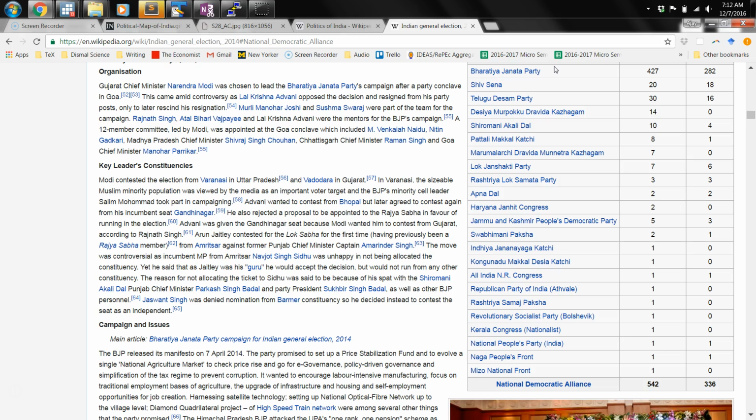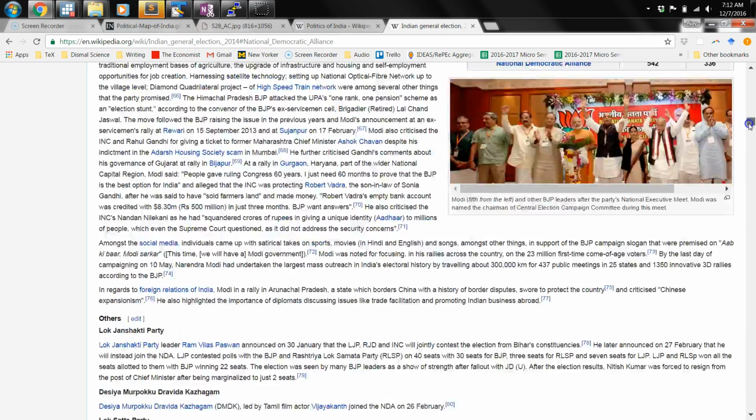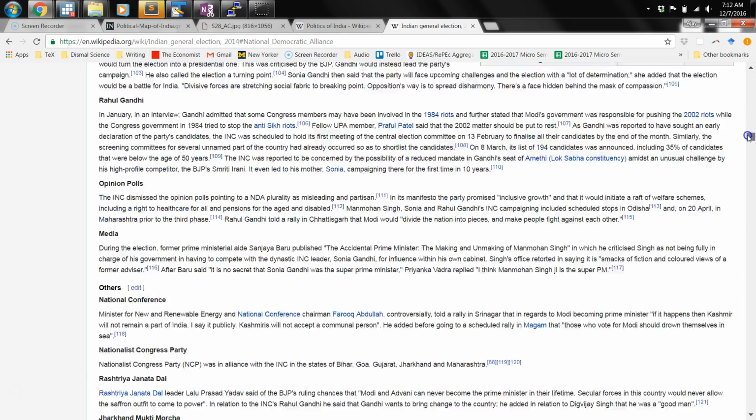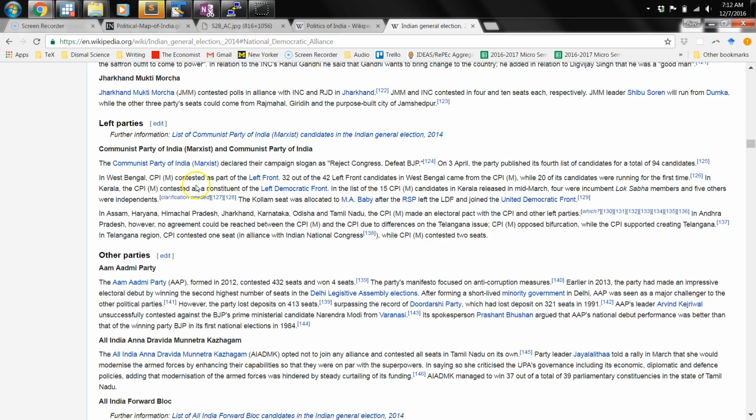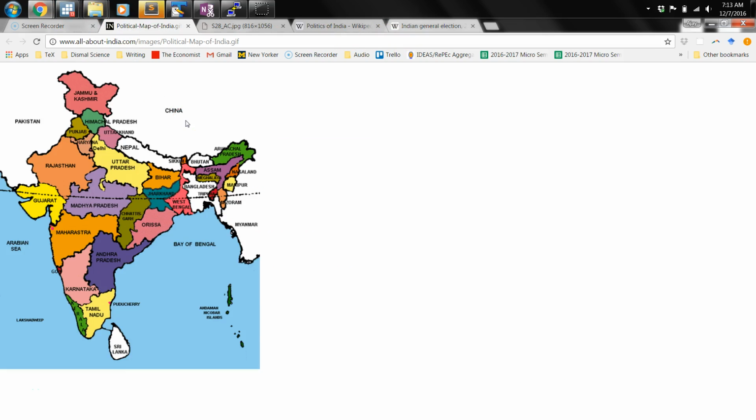Now, in addition to these main parties here, and you can see all these little tiddly parties and their coalitions, it's also useful to know about the left parties here. The most important are the communist parties in India. There's the Communist Party of India and the Communist Party of India Marxist. So there's actually two major communist parties in India. These parties are important because historically they've run two states in India.